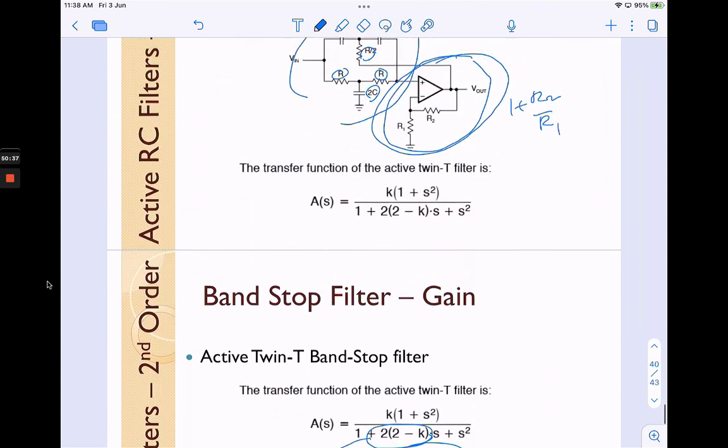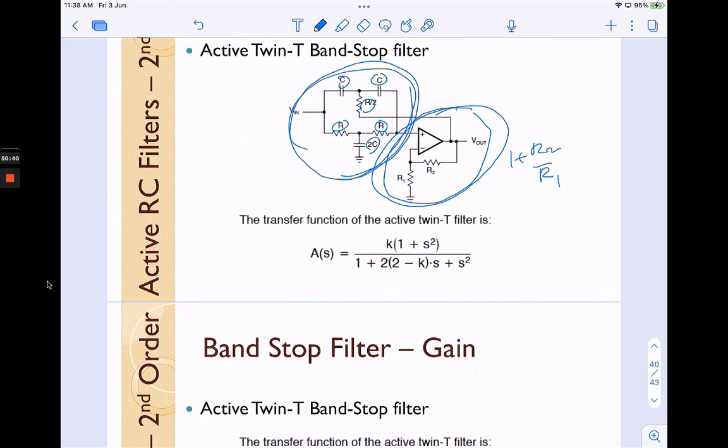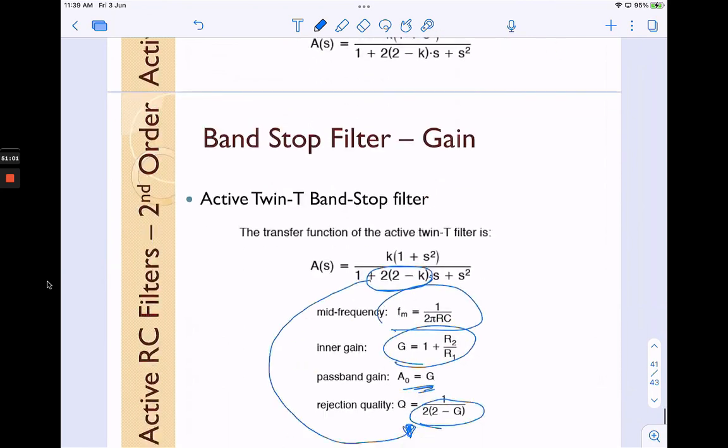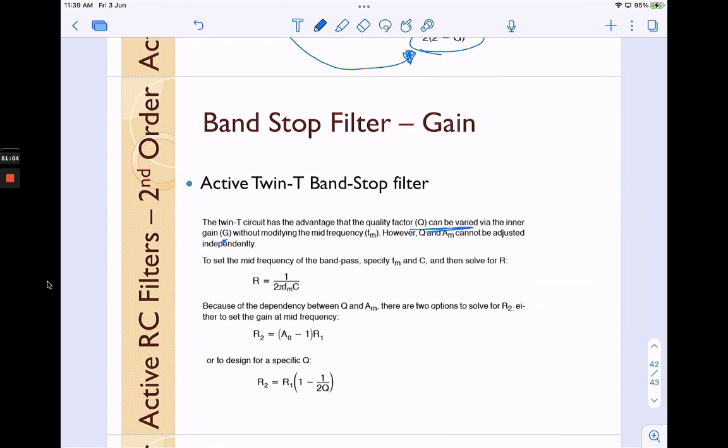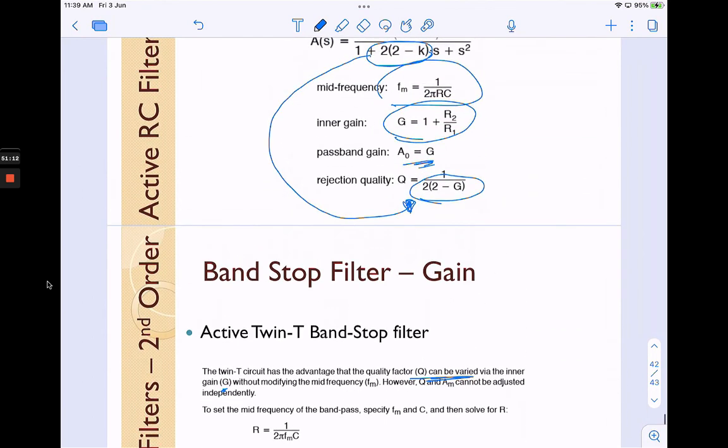The mid frequency is determined by the components of this twin T configuration here, and we can simply change the gain by varying the values of R1 and R2 here, without the need to change the values of R and C. However, Q and AM cannot be adjusted independently, because you can see Q and AM, the mid passband gain AM.